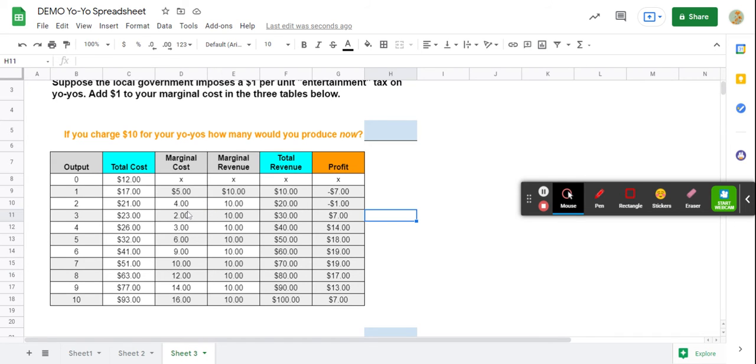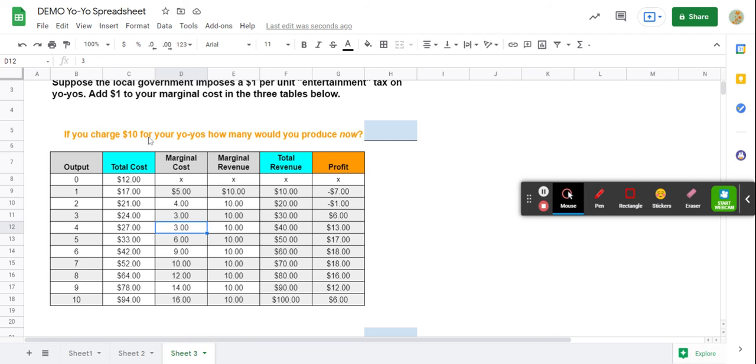And this will change your output levels. You'll get to a point where you find that your marginal cost and your marginal revenue, your ideal output, those things aren't going to match up the way that they used to. And so the whole thing is going to change. You're going to notice that you are going to now be willing to produce a different amount of yo-yos.